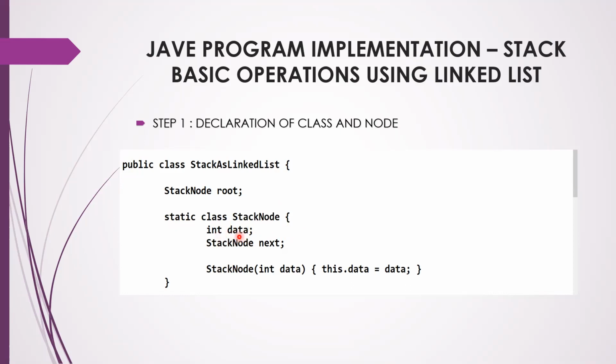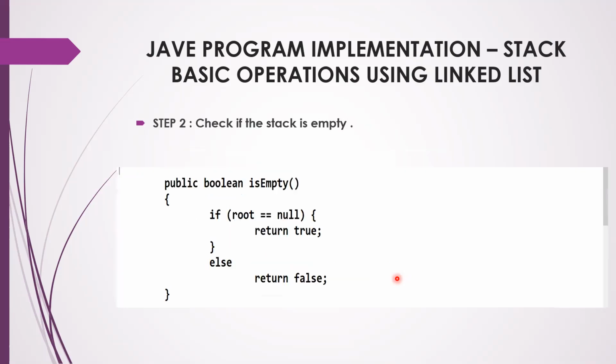So here you have int data, stack node next field, and then you're calling the stack node constructor, and you're giving the parameter int data. Inside that you have the this pointer. This pointer means it points to the current data. So this.data is equal to data. So always this data will point to the current position where the pointer is.